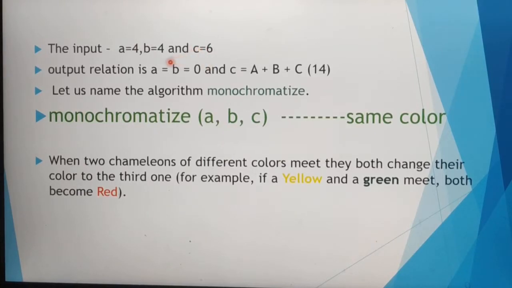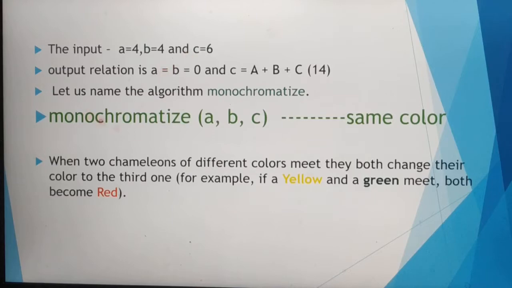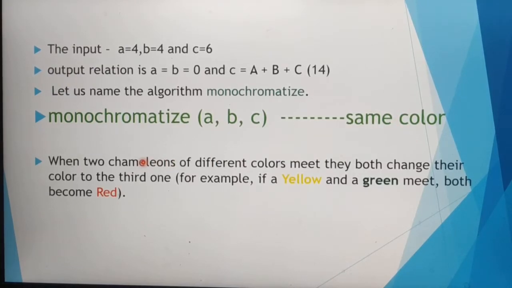So finally A and B will become 0 and C will become 14, which is A plus B plus C. This is called the monochromatized problem. Monochromatized means making all the colors the same. How can we convert into the same color? When two chameleons of different colors meet, they both change their color into the third one.